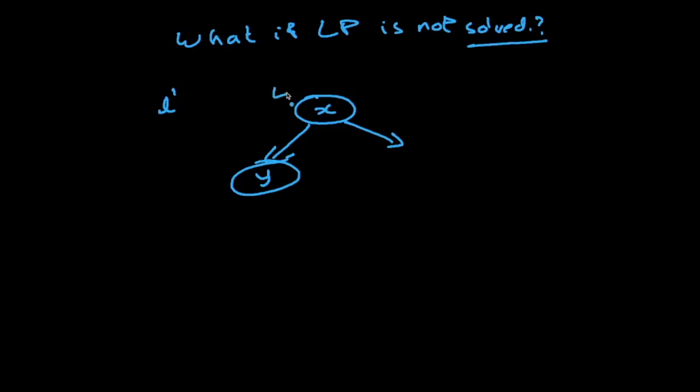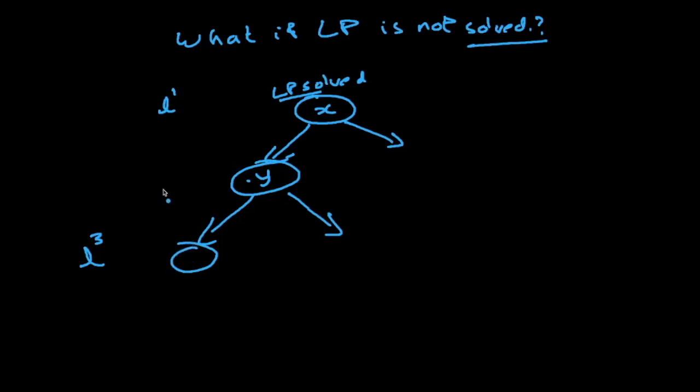So this is the node where LP is solved, and this is the node where LP is not solved, but we are using the solution value of this LP for a different variable y, and we are going to branch on this variable y. Okay, and let's say we reach this node, and for some magical reason the LP error was gone, and the LP objective for this node, let's say we got L3. So there is L1, there is L3, there is no L2 because we could not solve LP over here.